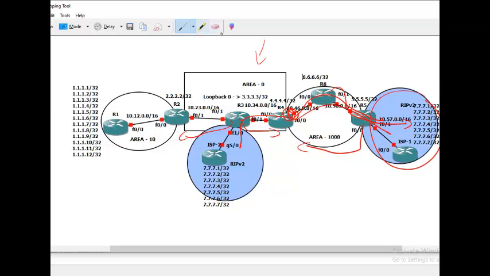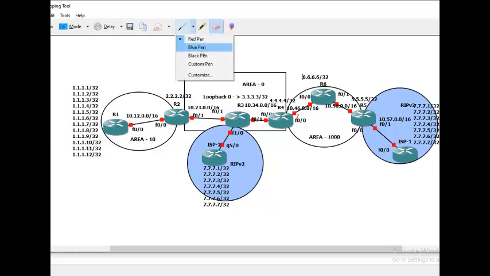But unfortunately, router 4 will take this path. Why? Only one is the cost here. And redistribution metric, let's say you say 3 here, here also 3. For router 4 to go here, it is 3 plus 1 plus 1, 4, sorry, 5.